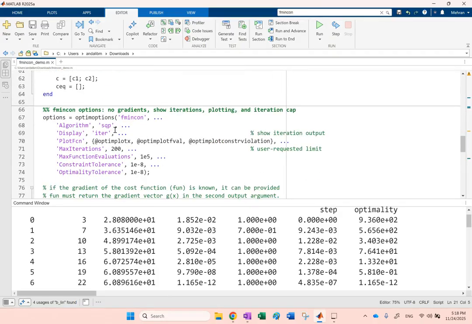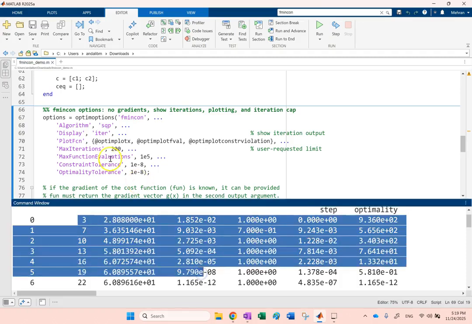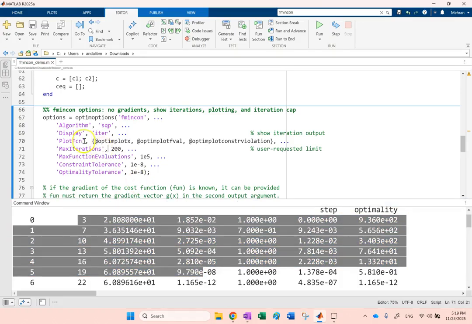Now, look what we do here. The options for the fmincon are, first we say that the function I want you to use to minimize this problem is fmincon, of course. The algorithm is SQP. I want you to show the iterations of the solution, as we'll see. I want you to plot several results for me. Okay, so here we are asking it to give us three types of plot, right?